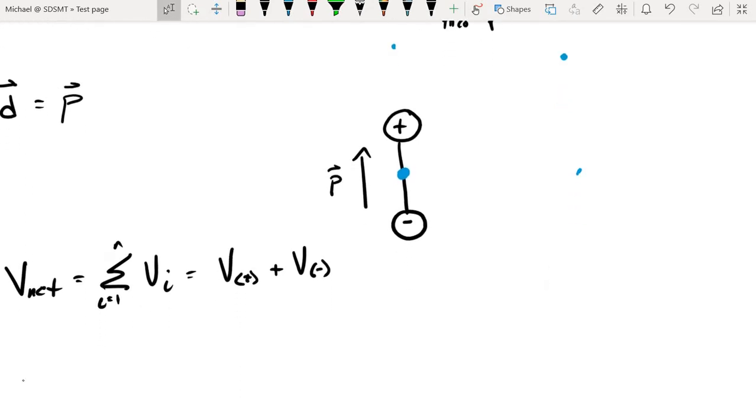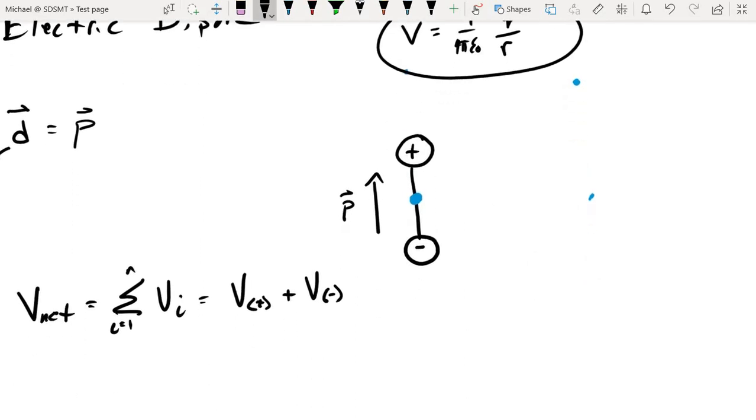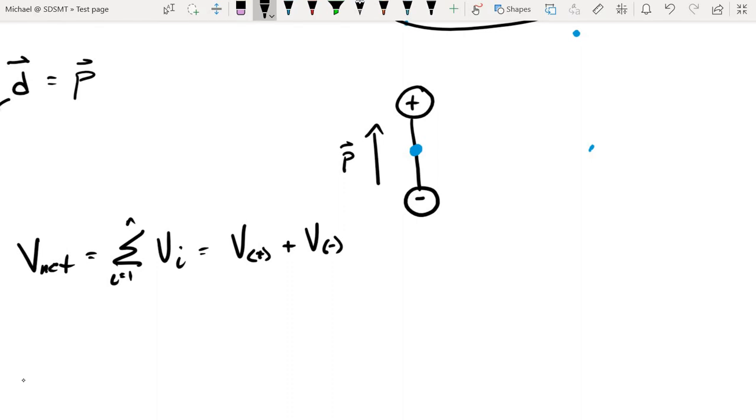If I were to take our expression for the electric potential produced by a single point charge, all that would mean is that we have positive q over half the distance, d, and then we have to add that to the potential that the negative charge is producing, also at a half distance d.